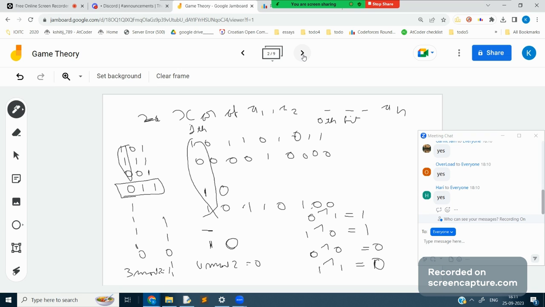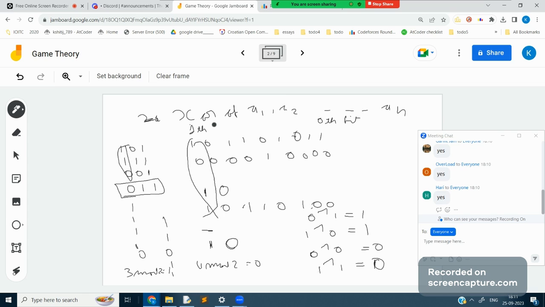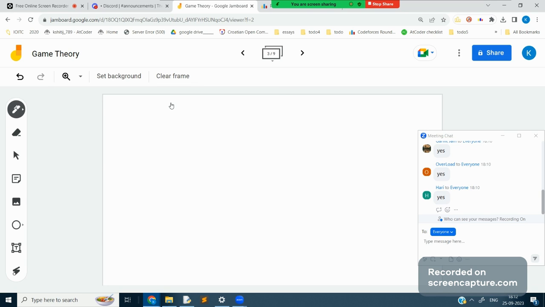Okay. So now I will claim that whether Alice has a winning strategy or Bob has a winning strategy depends on the XOR of A1 to An. Now notice that if all piles are empty, Ai equal to 0 for all i, then the XOR value will be 0 clearly.